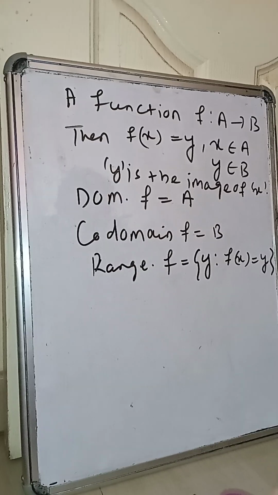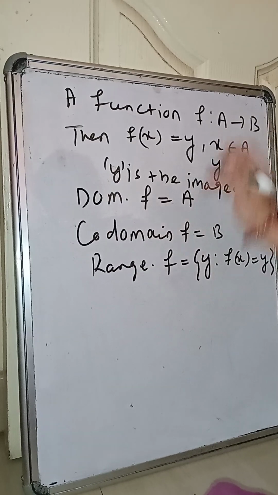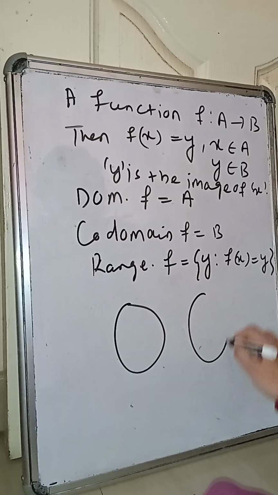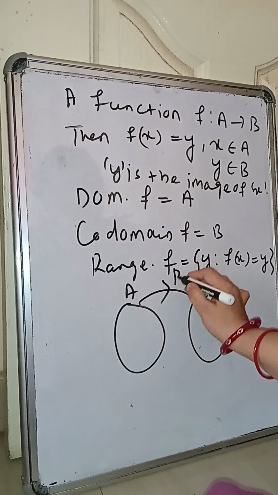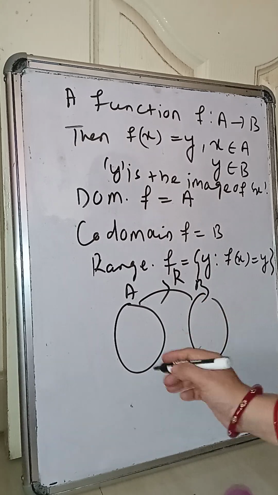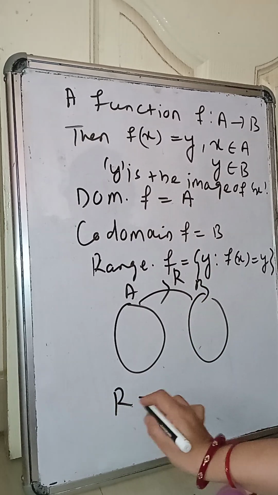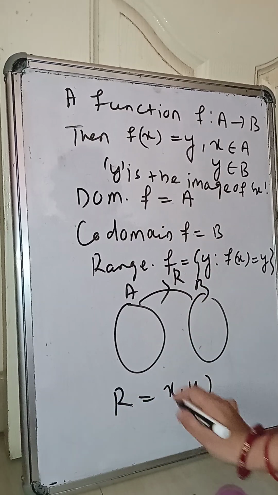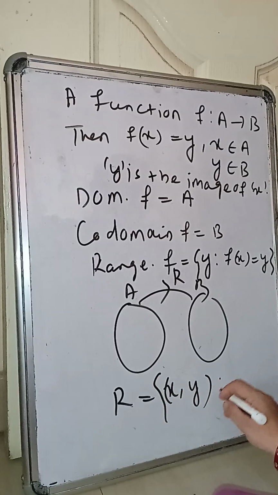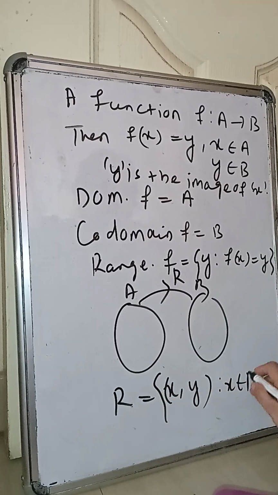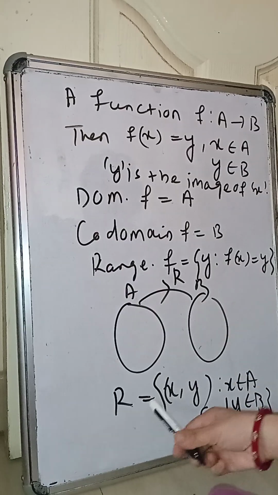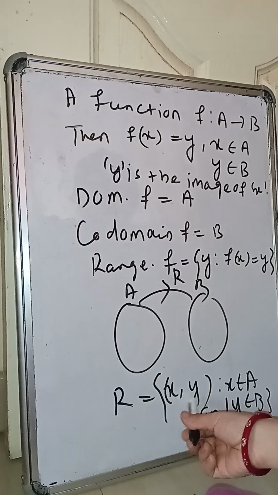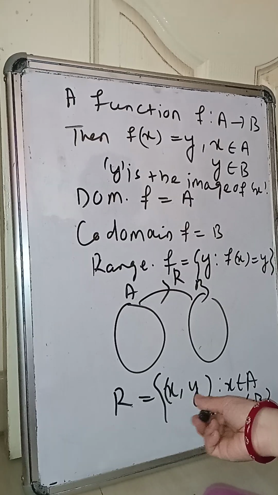In the case of a relation, whenever you consider two sets A and B, the relation R is the collection of all ordered pairs (x, y) where x comes from the first set A and y comes from the set B. You know these things. In other words, if x is related to y, then you collect those ordered pairs, and that is the relation.